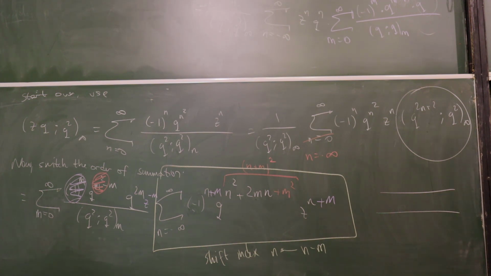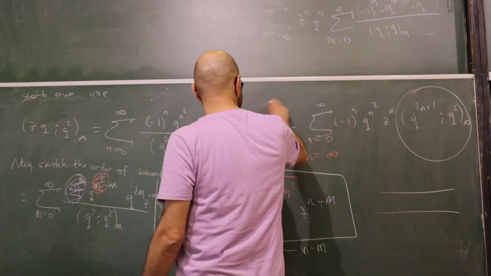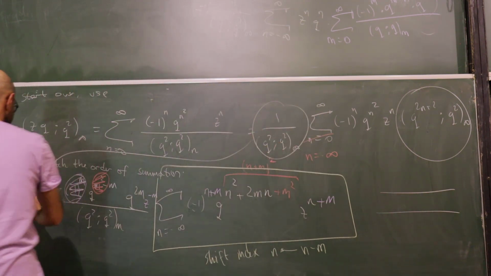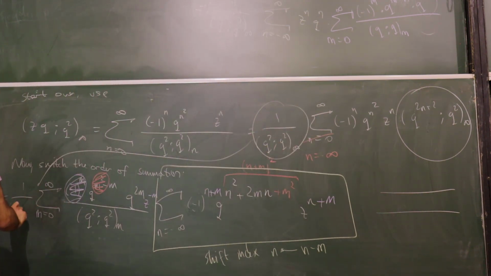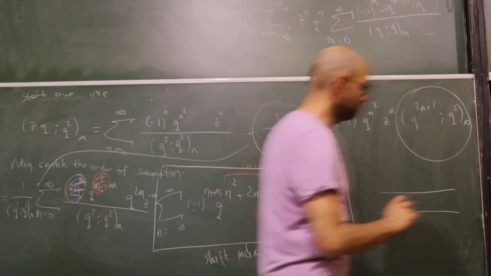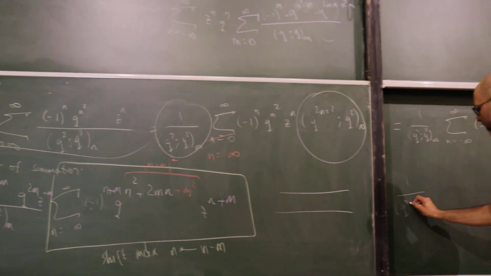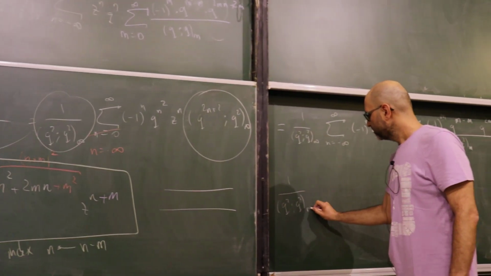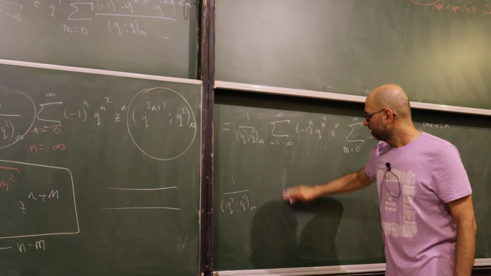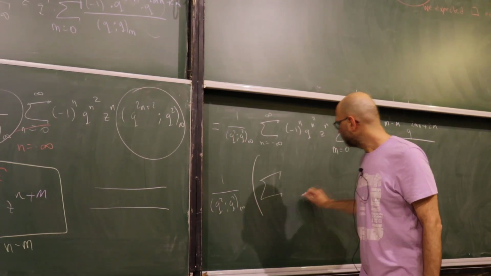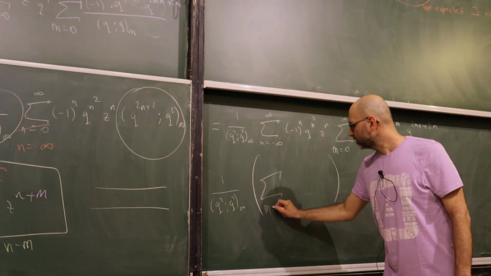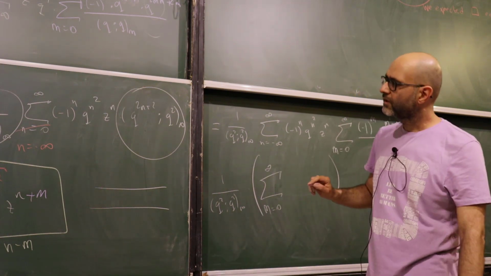Did I forget something? Yes, I forgot something. We have this guy at the beginning. So this became 1 over q squared sub infinity times an independent sum, m running from 0 to infinity.